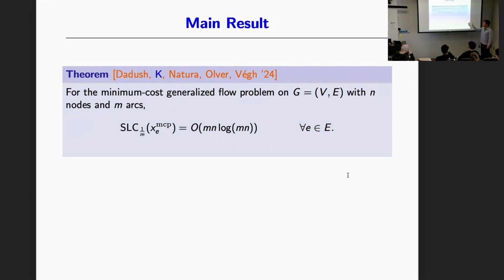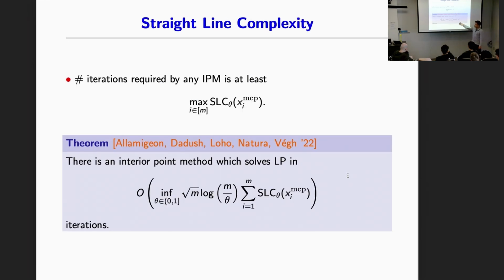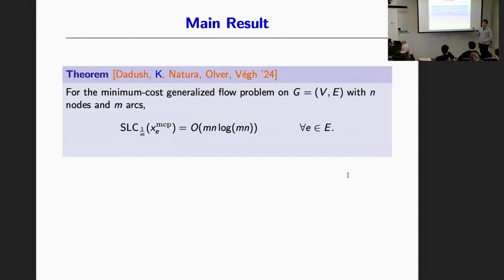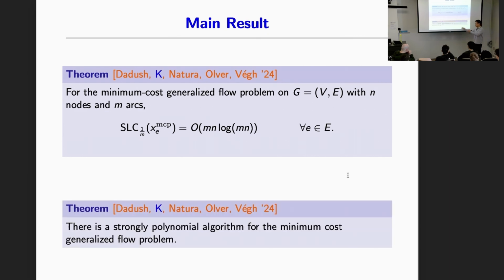If you combine this with the previous running time of this theorem, the sum here is going to be a strongly polynomial term, poly mn. So this shows that their interior point method terminates in a strongly polynomial number of iterations for the minimum cost generalized flow problem. Yeah, so we obtained this.